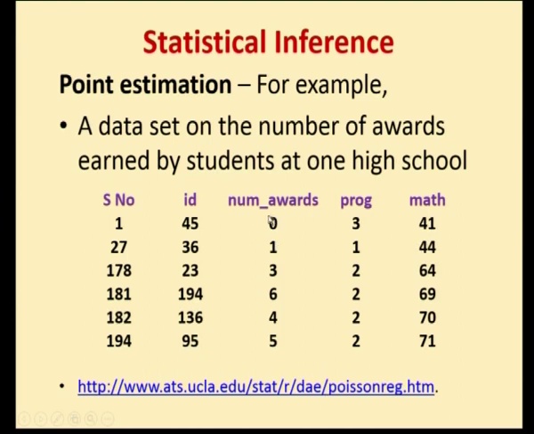Then finally, the problem of interest would be how many awards the student is likely to earn. This is a very large data set, but for the purpose of this illustration I just picked a few data points, because you could find that the number of awards starts from 0, that means no award, and even goes to 6, sometimes 4, sometimes 2, sometimes 3 or anything for that matter.